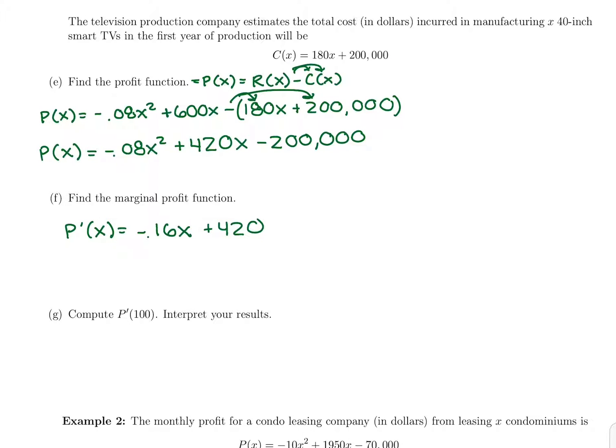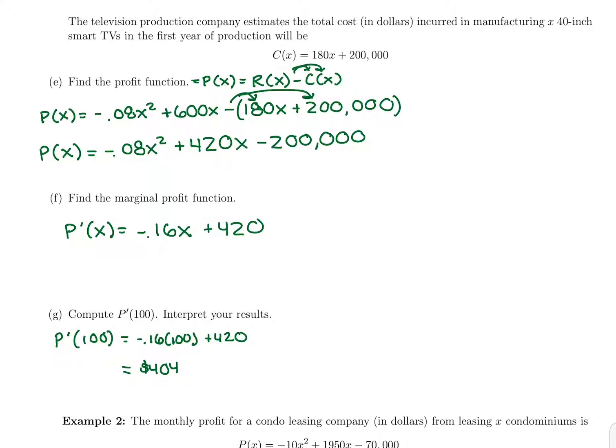And so our last part here, we're going to compute P prime of 100. And the harder part is interpreting what that means. So P prime of 100 means I'm going to do negative 0.16 times 100 plus 420. And I'm getting 404.